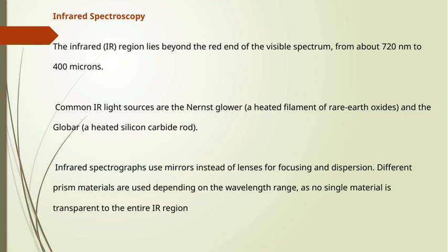This ensures we can accurately focus and disperse IR radiation across the spectrum. Connecting this to the bigger picture, understanding how IR light is generated and manipulated allows us to analyze molecular vibrations and identify substances based on their unique IR absorption patterns. It's a powerful technique that, when combined with the right equipment, unlocks a lot of chemical information.